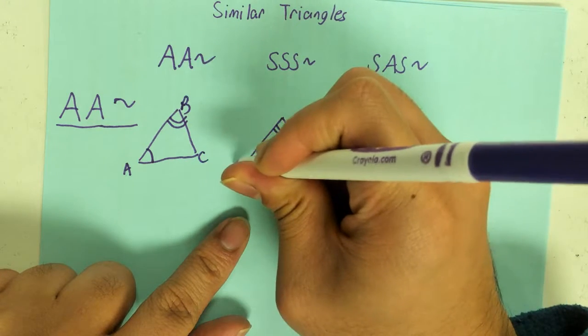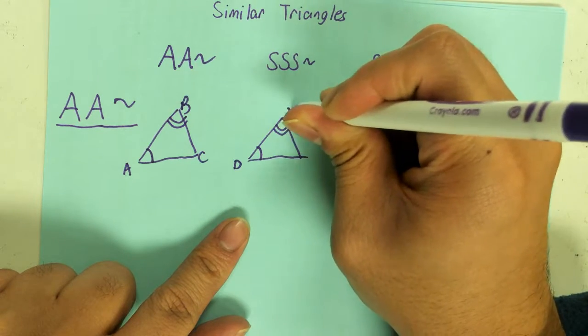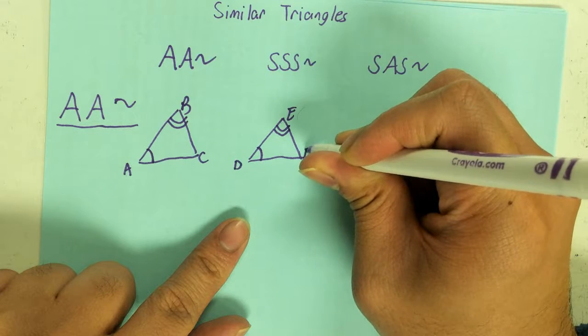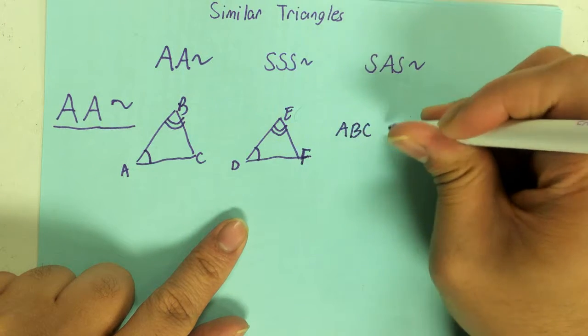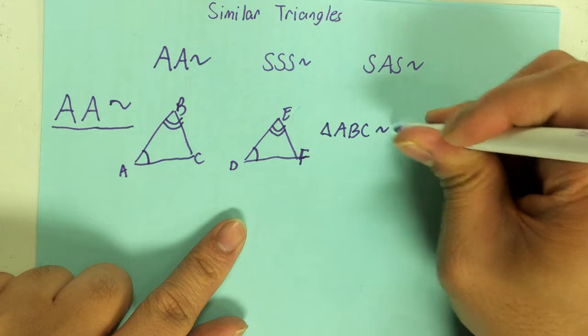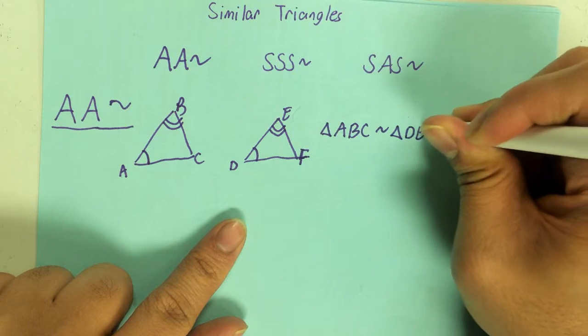So let me write my statement. That triangle ABC is similar to triangle DEF.